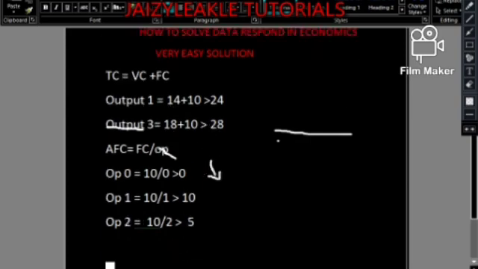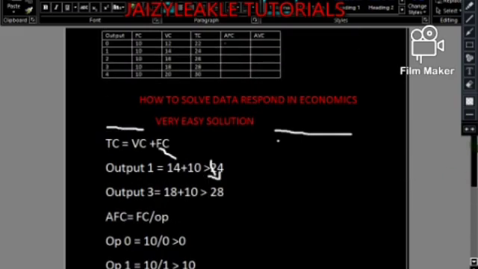Then OP3, which is equal to 10 divided by 3, so that is equivalent to 3.3. Then OP4, output 4, that will be 10 divided by 4, which is equivalent to 2.5.